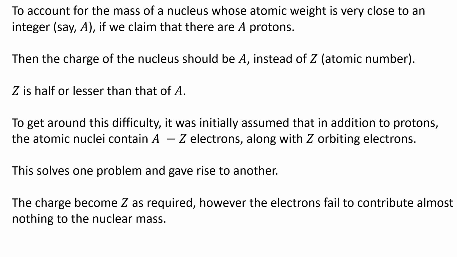So, it should entirely come from the proton mass, which is certainly not enough to account for the large mass of these nuclei, which is seen through the Rutherford experiment and otherwise, because the electron's mass is 2000 times less than that of the proton.